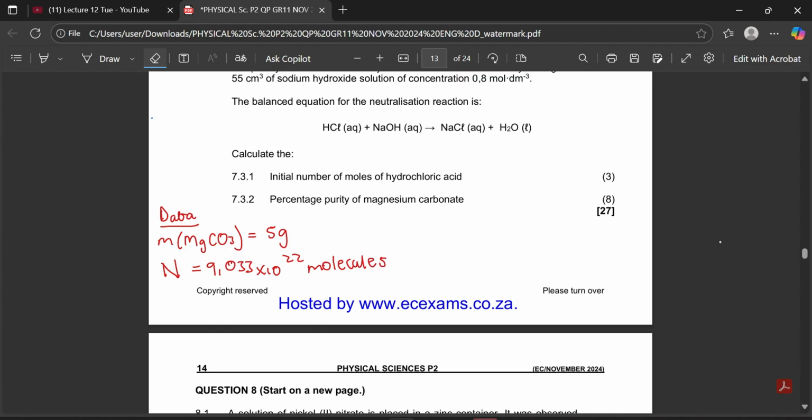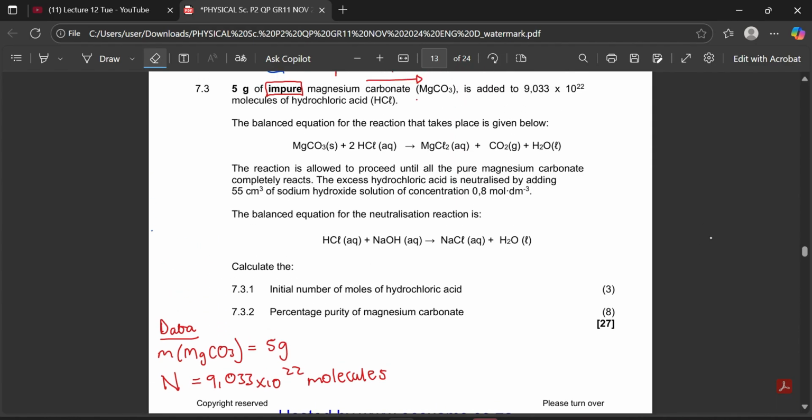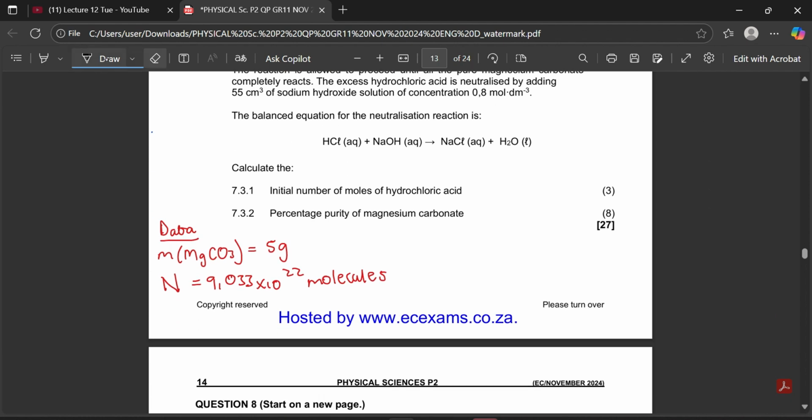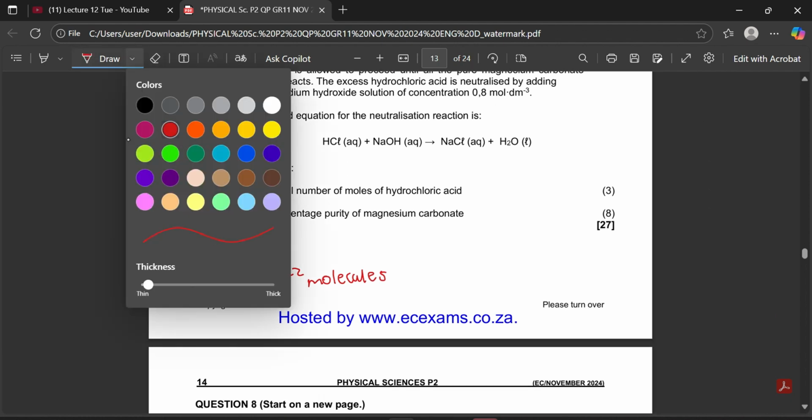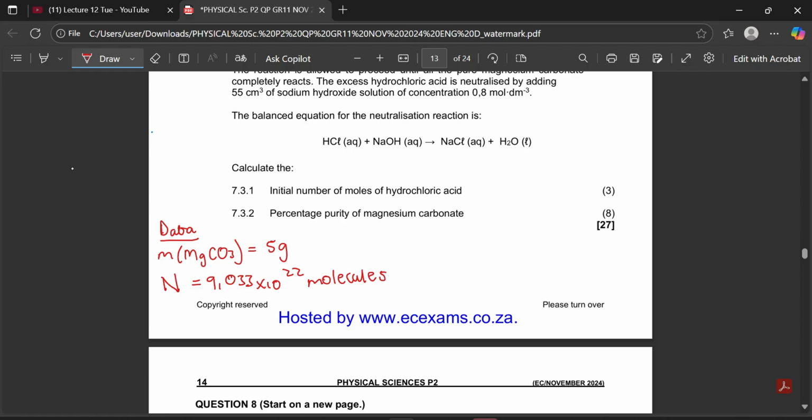Okay, cool. What else did they give us? They also give us the excess hydrochloric acid, the volume of sodium hydroxide. They say that the volume of sodium hydroxide is 55 divided by 1,000. That should give me 0.055.